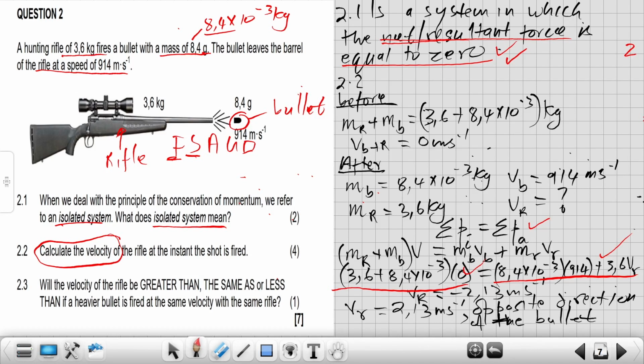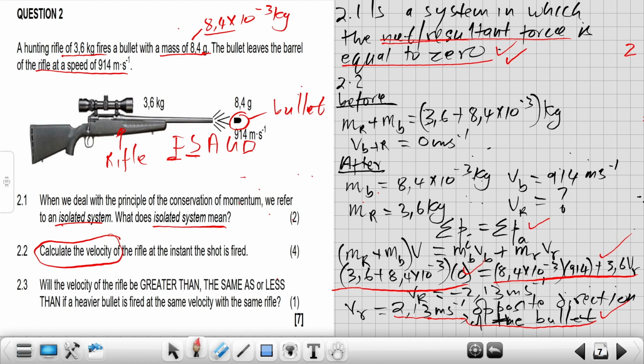Then you have your answer together with the SI unit. So you have your answer 2,13 together with the SI unit. And then the last letter, which is D, it's the direction. So opposite direction to the bullet. All this will give us another mark.